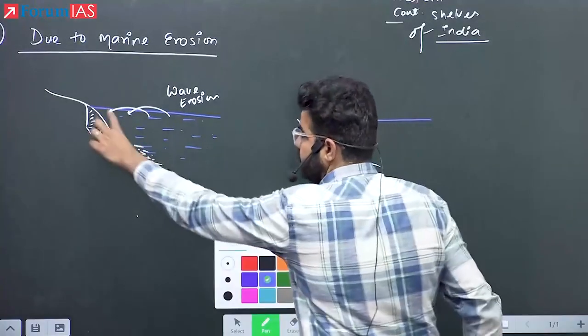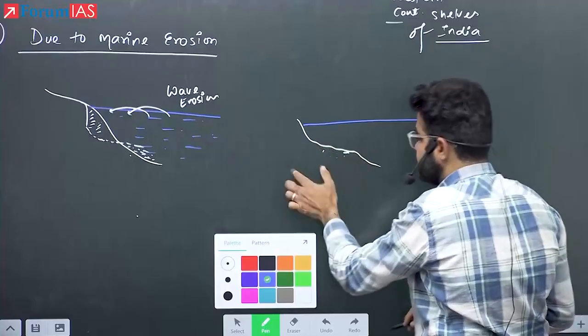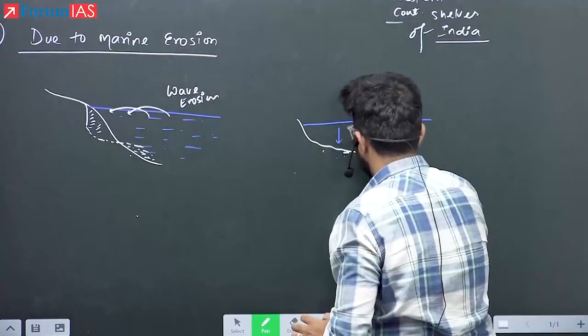Earlier this area was also there. Now we have eroded this area and this is nothing but a shallow bottom now.